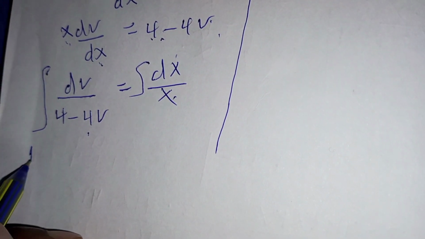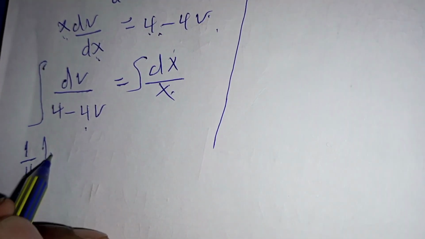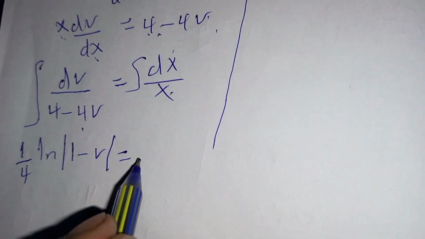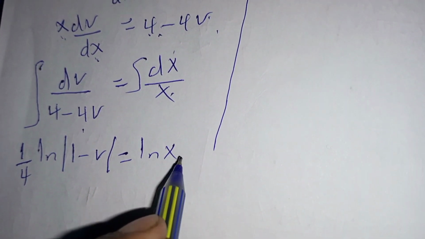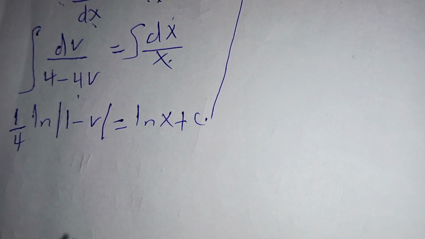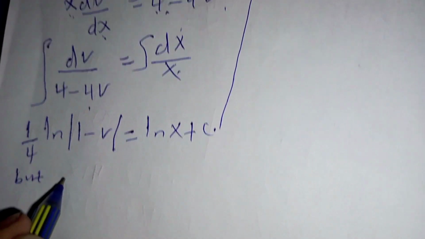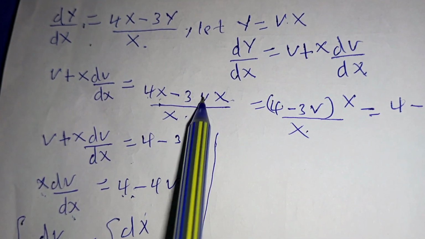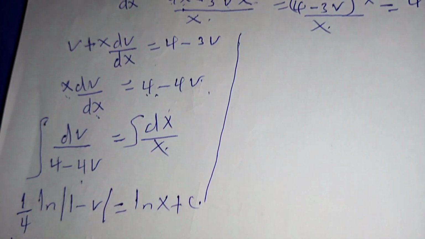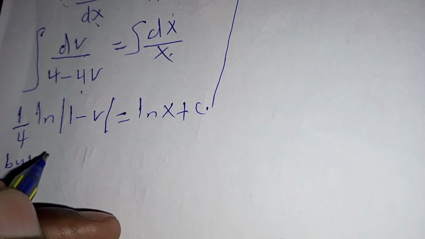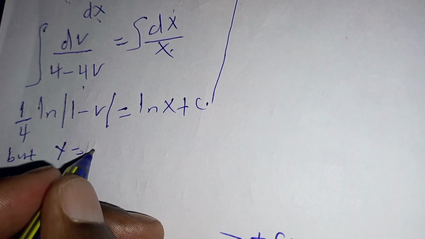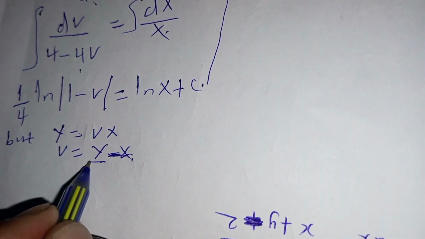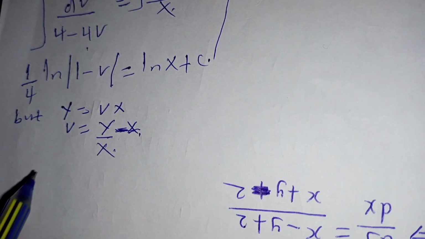When you integrate this, you are going to get negative 1 over 4 natural logarithm of modulus of 1 minus v, which is equal to natural logarithm of x plus constant c. But remember, y is equal to vx, meaning that our v is equal to y divided by x.